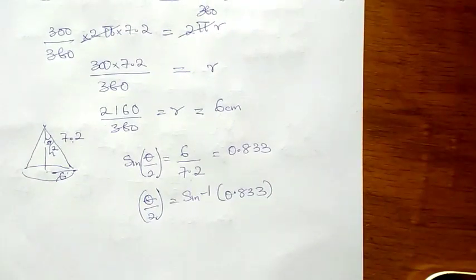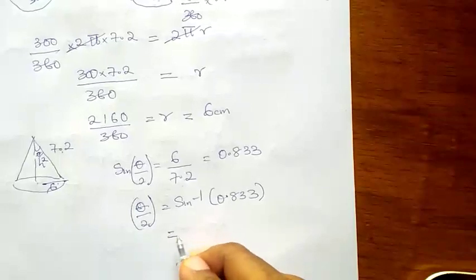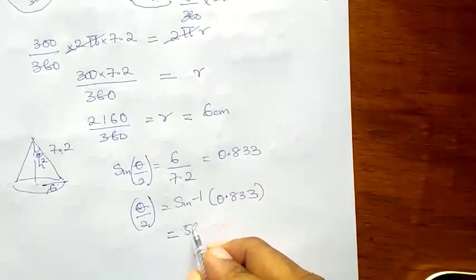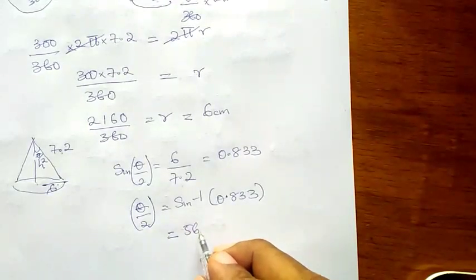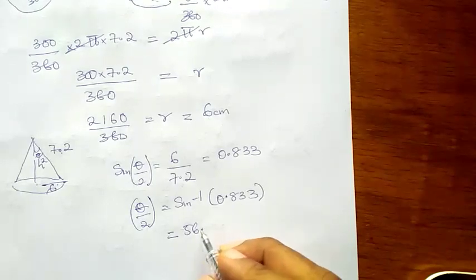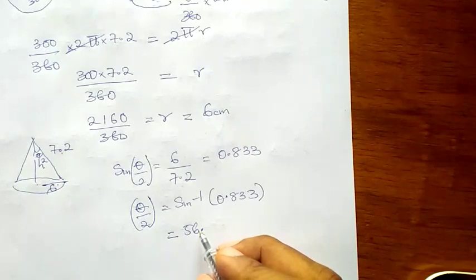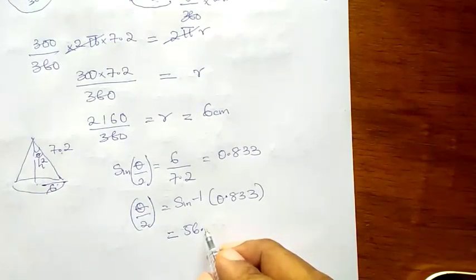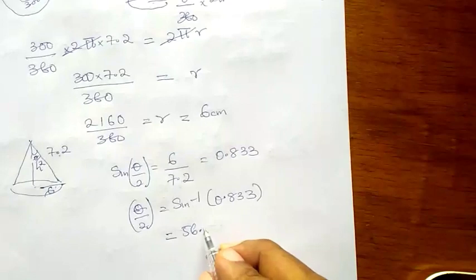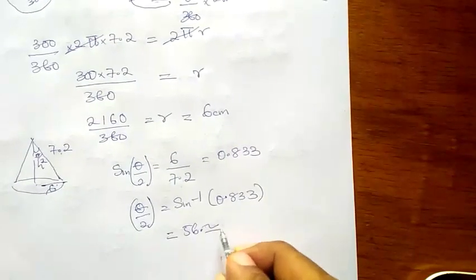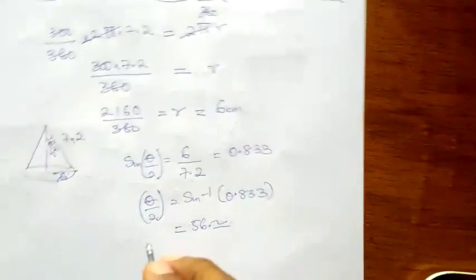Sine inverse of 0.833 will give us the answer that theta over 2 is approximately 56 degrees.